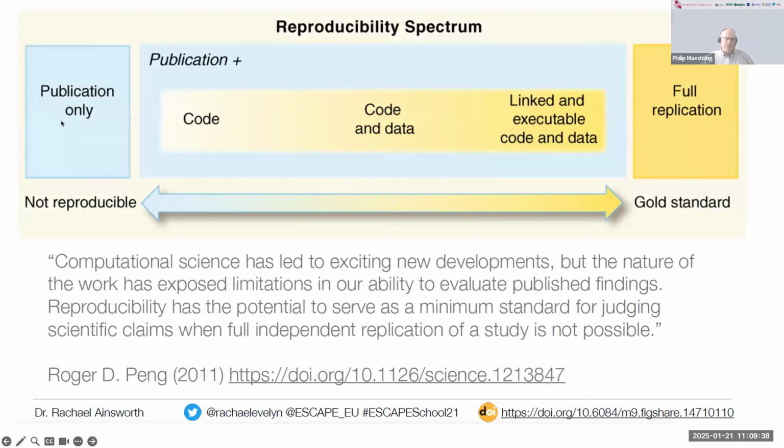If you put your research just in the publication, and it's computational research with no software, it's probably not reproducible. But if you have a publication plus code, it becomes more reproducible. And as you add code and data, you advance up the spectrum.